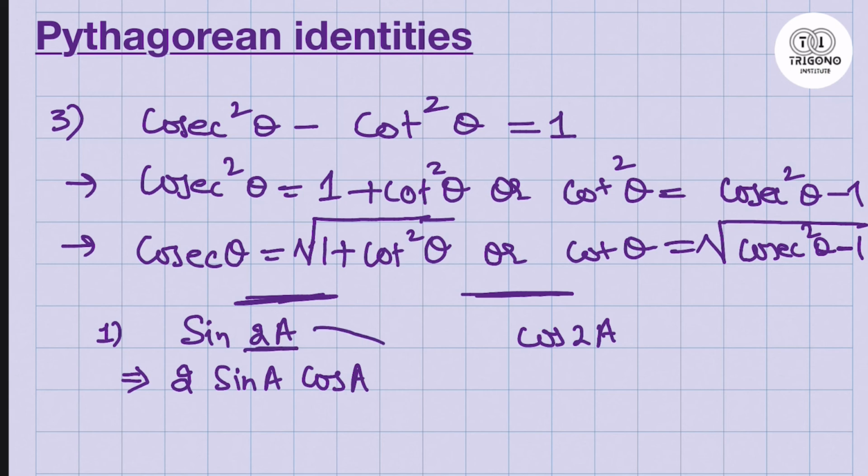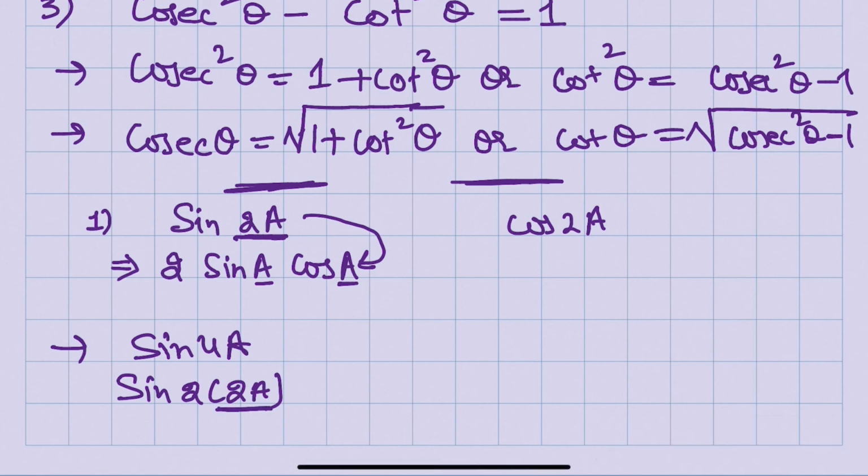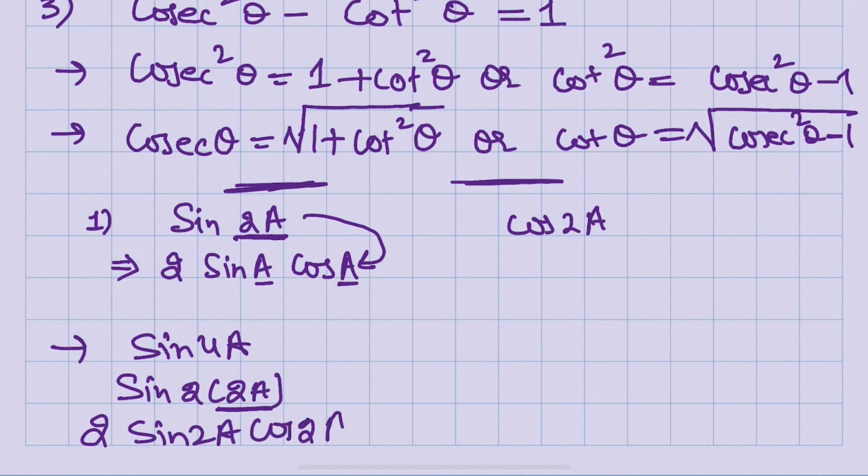In the formula you can see the angle is getting halved. If there is 2A, there is A and A. Let's suppose I have sine 4A, so you can make it like sine 2 times 2A. So this is your angle now, that is 2A. So your answer is 2 sine 2A cos 2A. So you can also apply the further identities here.